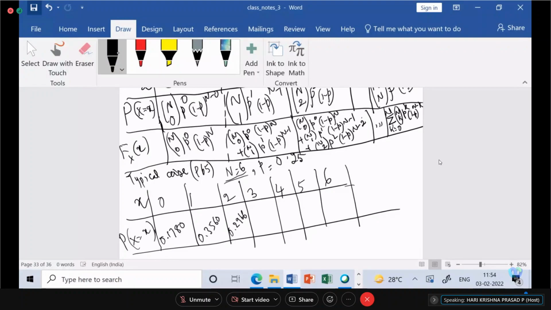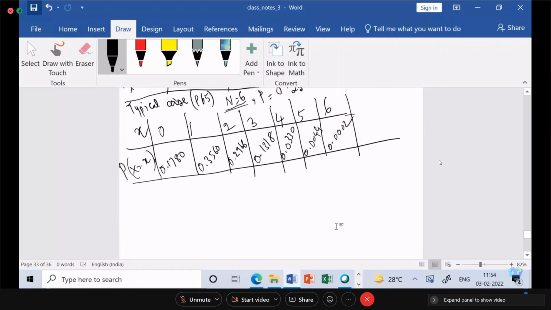Then after 0.2966, I have 0.1318 if I am right. Next is 0.0330, 0.0044, 0.0002.